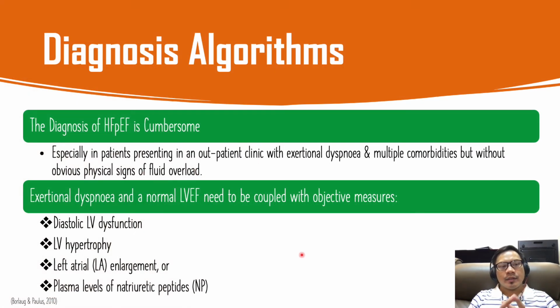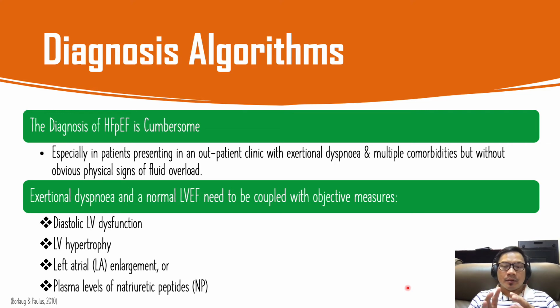So, diagnosis algorithms. In contrast to heart failure with reduced ejection fraction, the diagnosis of heart failure with preserved ejection fraction is cumbersome, especially in patients presenting in an outpatient clinic with exertional dyspnea and multiple comorbidities, but without obvious physical signs of fluid overload.